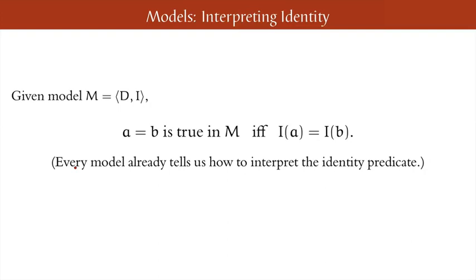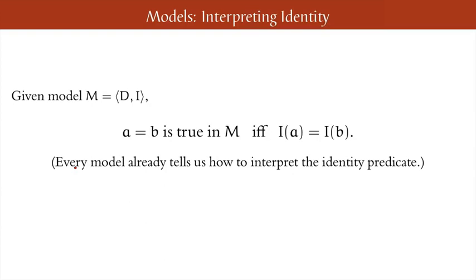Next, we'll make precise the semantics of identity added to predicate logic. The extra thing we have to do to interpret identity is exactly nothing. We already have the ingredients within any model to interpret identity. Recall that a model M is a pair consisting of a domain D and an interpretation I of the names and predicates.